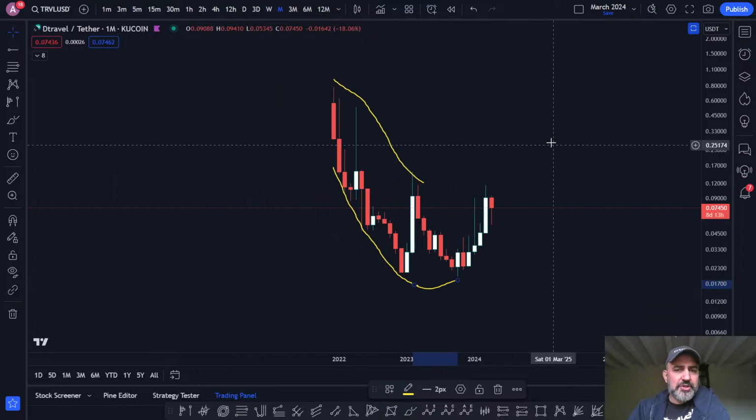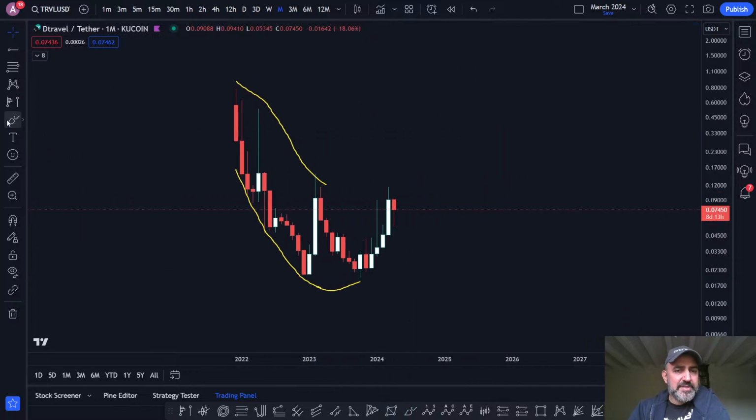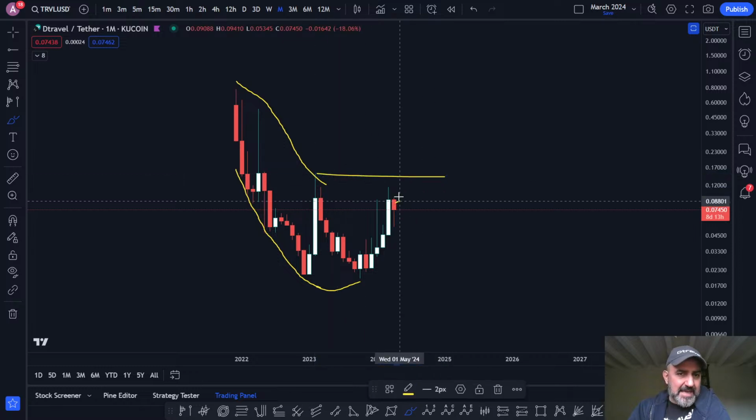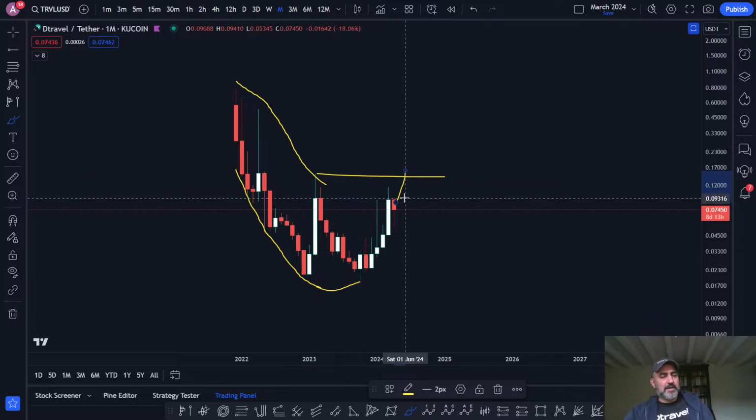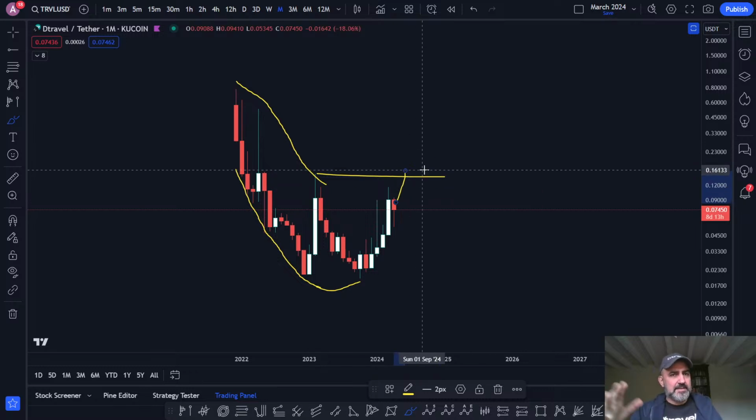What we want to do on the monthly time frame is make a higher high. That will be to take out about 14.9 cents. The minute we take that out, it becomes our higher high, and that will be the first indication of the highest time frame market structure change. It's the same idea, you just apply it to the higher time frames.